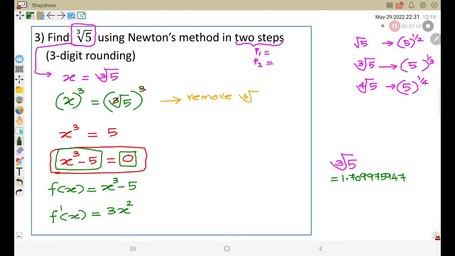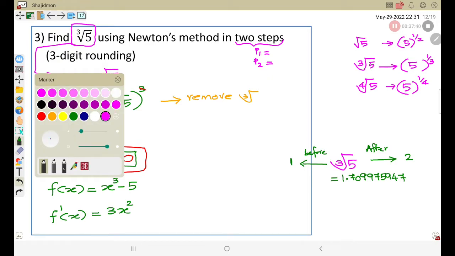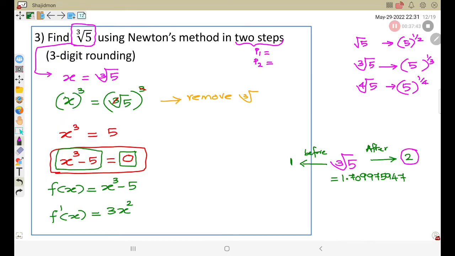Now you can take 1.7 as the P0 number, or if you want easier calculation, think about the before number and after number. After 1.7 the number is 2. Before 1.7 the number is 1. Which is close to the cube root of 5? 2 is close to the 1.7 number.